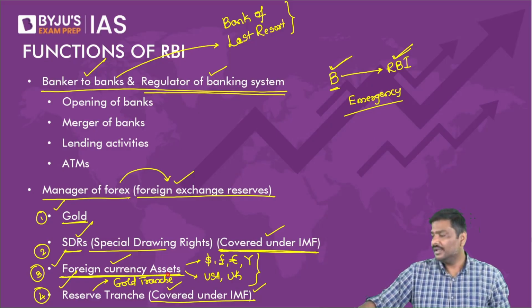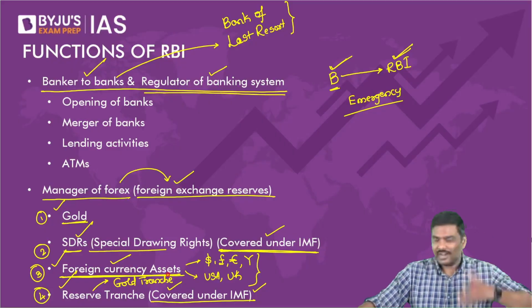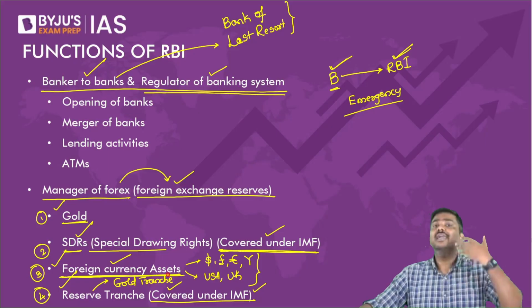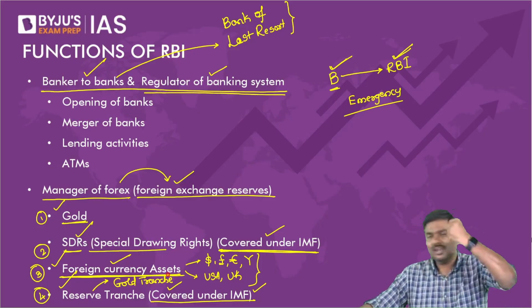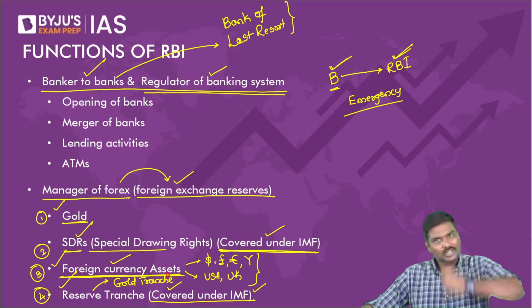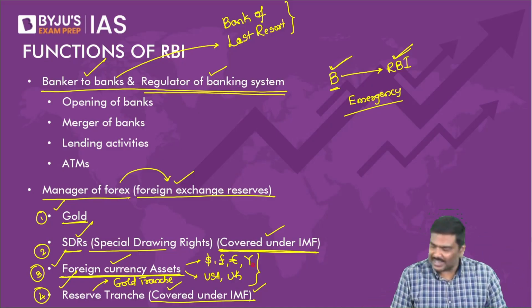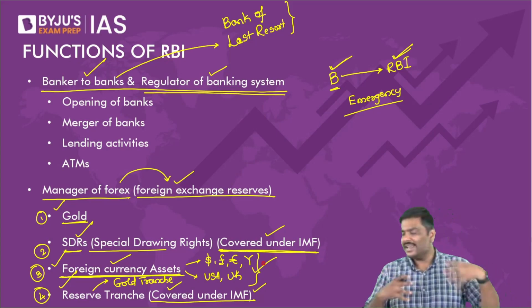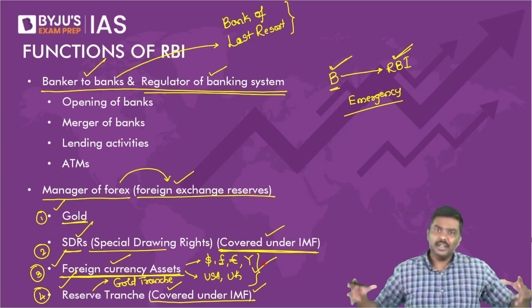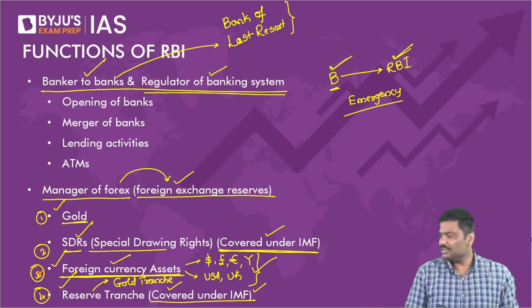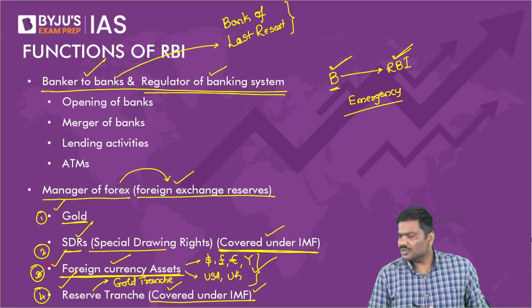Can I say this is a foreign currency asset or not? Of course, yes. RBI will invest in dollars, purchase the dollars and keep the dollars. Can I say dollar is a foreign currency asset? Of course, yes. So basically, it is a basket, a collection of different types of securities plus foreign currencies. This is point number 3.